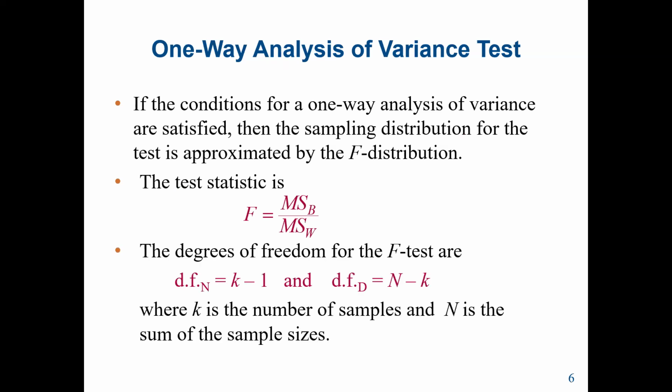And the degrees of freedom for the F test are, for the numerator, DFN, the numerator, is equal to K minus 1. And DFD, which is for the denominator, is N minus K. Again, K is the number of samples we have, and N will be the sum of all the sample sizes.